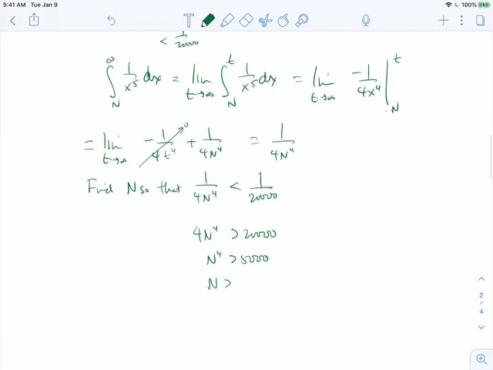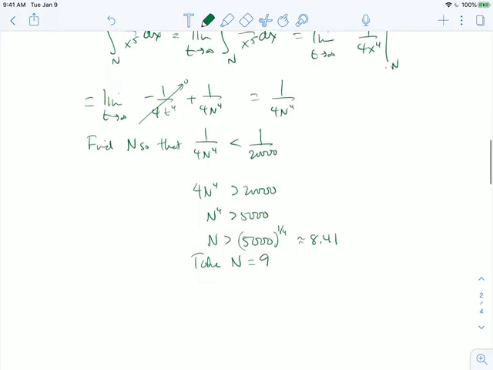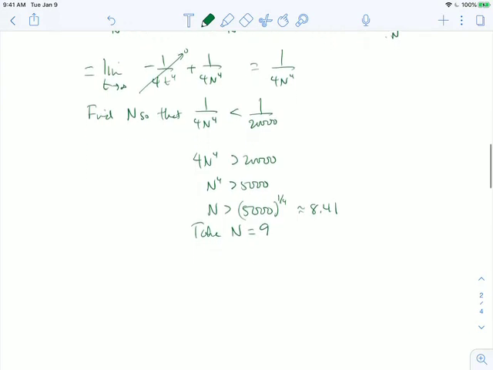And so I want to take n to be bigger than 5,000 to the 1/4. And when I plug that into my calculator, I get that to be about 8.4. So we'll take n to be any number bigger than 8.4, which will go with the least resistance, and say n equals 9.